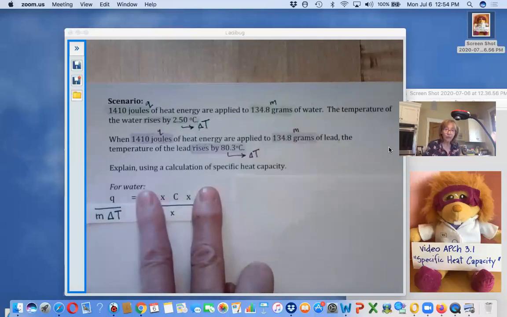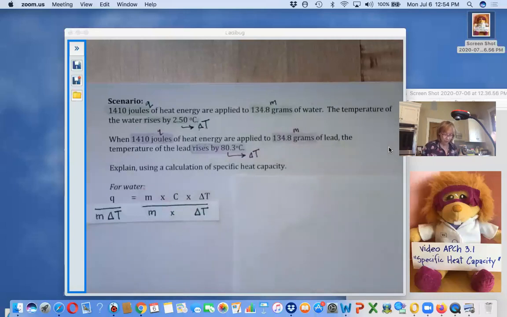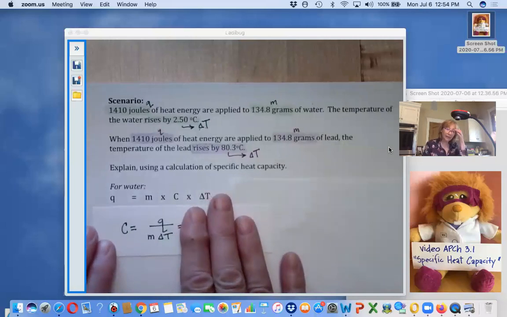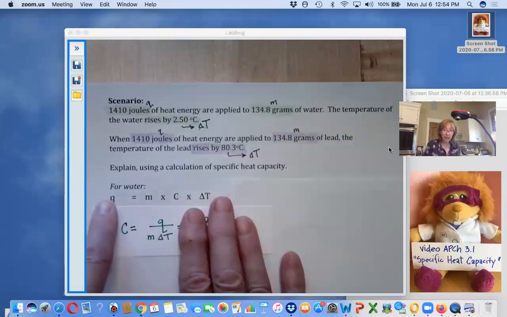That removes them from this side of the equation, and we end up with c, specific heat capacity, is equal to Q divided by m times ΔT. Again, I just performed algebra manipulation on the mCΔT equation to solve for c.